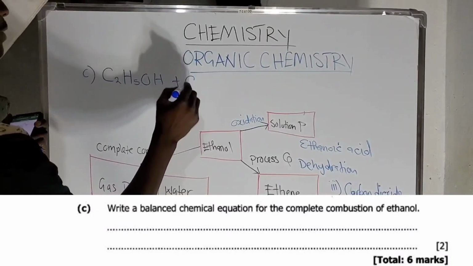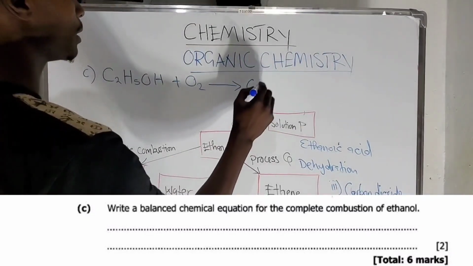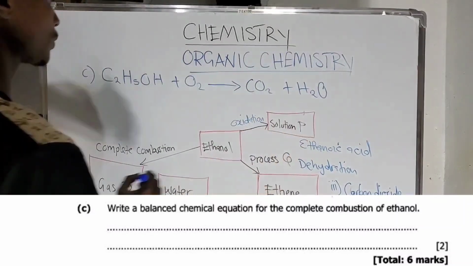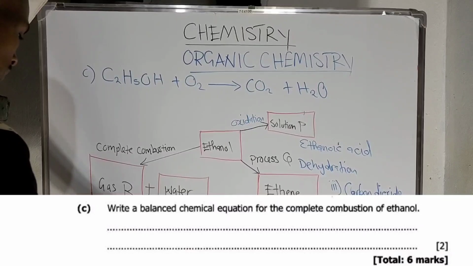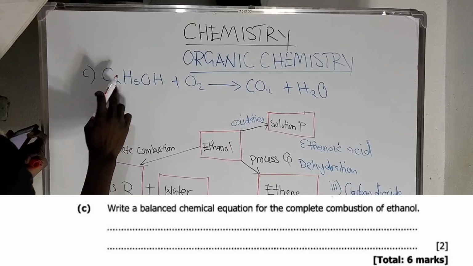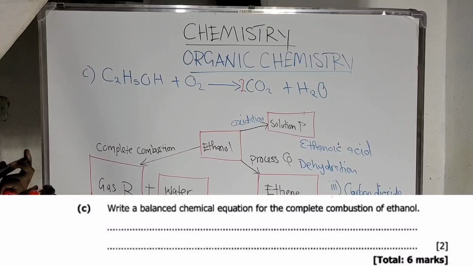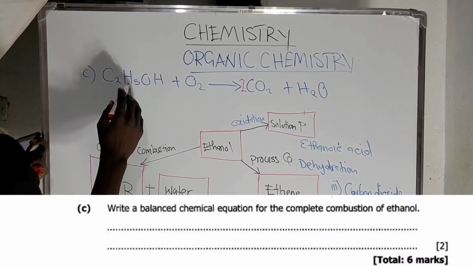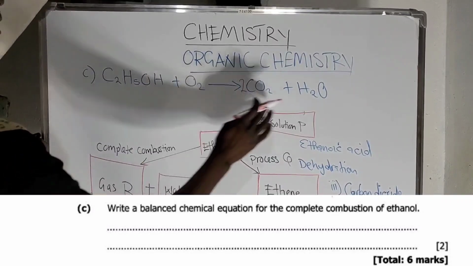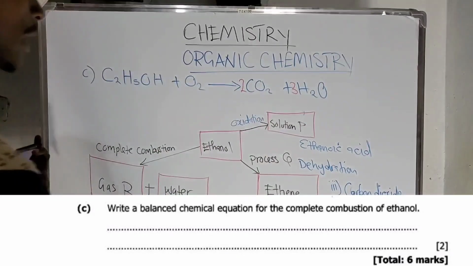In combustion, you react it with oxygen to form carbon dioxide and water. Balancing this: you have 2 atoms of carbon this side, and 1 on the other, so you put a 2 here so that the carbon atoms balance. We have 6 atoms of hydrogen this side, 5 plus this one, and on the other side we have 2, so you put a 3 here, which when multiplied by 2 becomes 6.